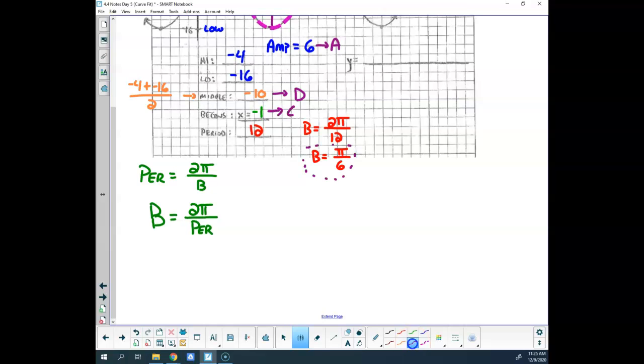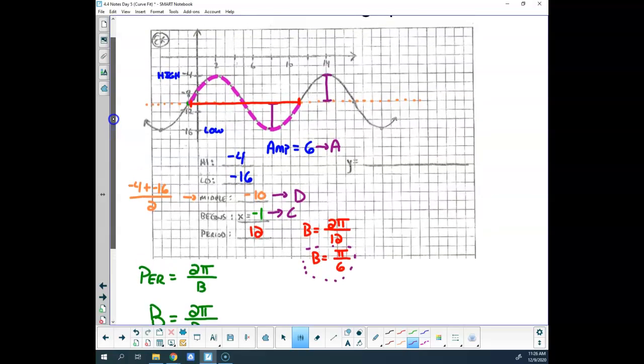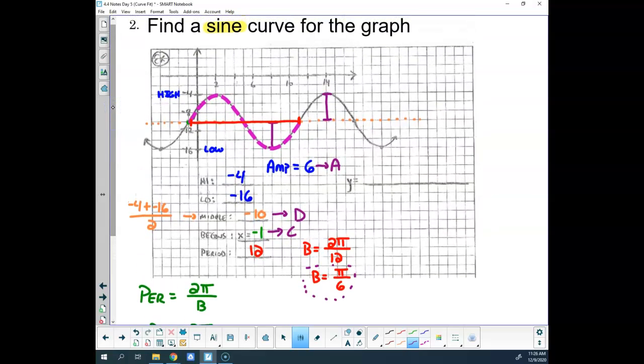So that's b. And this is C. Now I've got A, B, C, and D, which is what I need to make my equation. So my sine equation would be y equals, my a value was 6, sine of, my b value was pi over 6, x minus, my c value was -1. So minus a -1 is like +1.